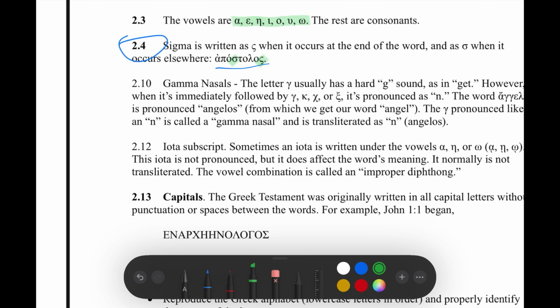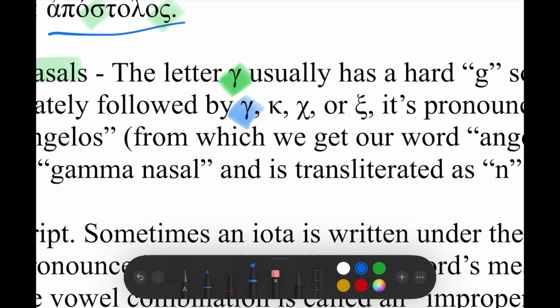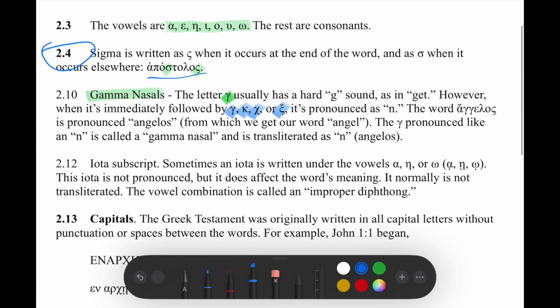Another thing to note is the gamma nasals. So the gamma nasals are the letter G, or gamma, that has the hard G sound, as in get. But there are 4 letters that, when they're nearby, make it behave a little bit differently. Those are the gamma, the kappa, the chi, and the xi.